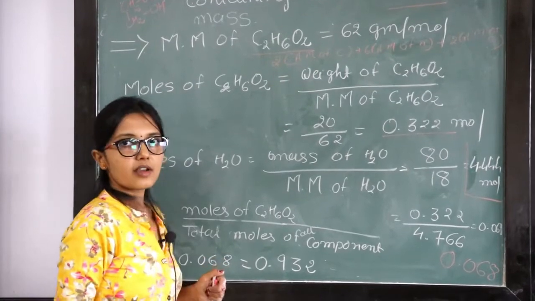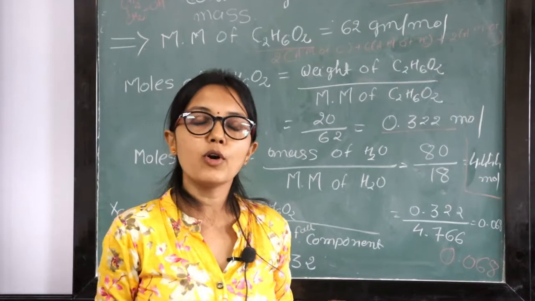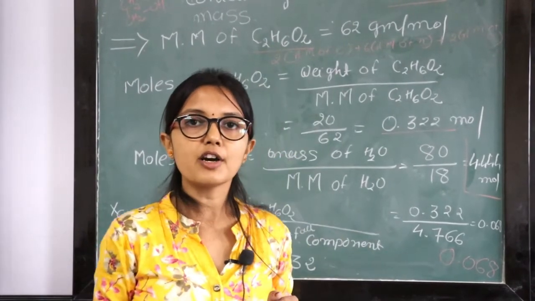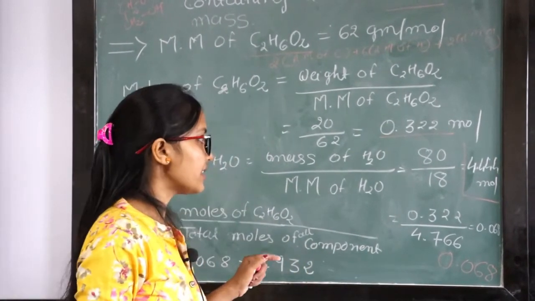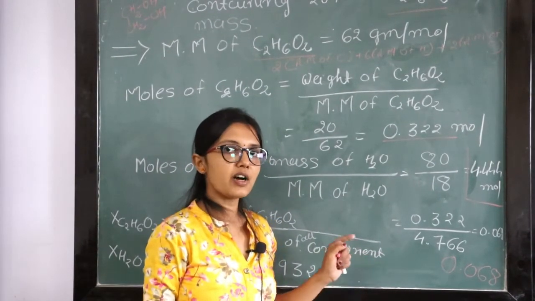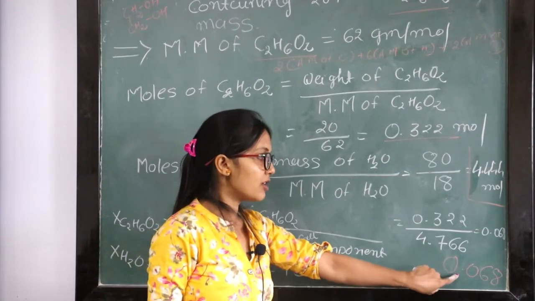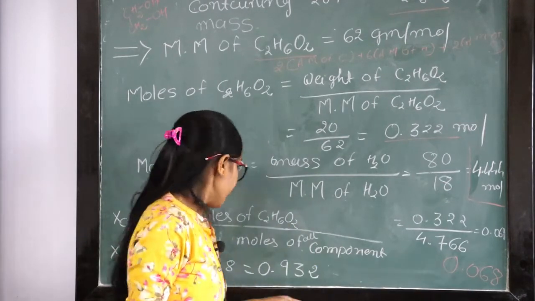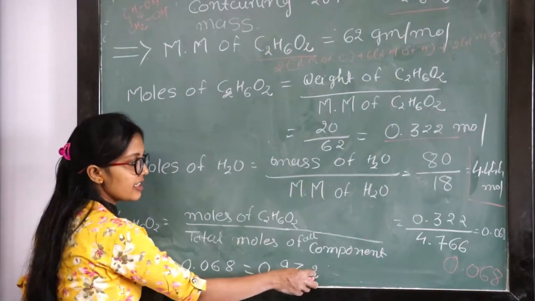Suppose we want to calculate the mole fraction of the water molecule. How to calculate it? For the total of mole fractions we use 1. So 1 minus the solute mole fraction value, 1 minus 0.068, gives us 0.932.